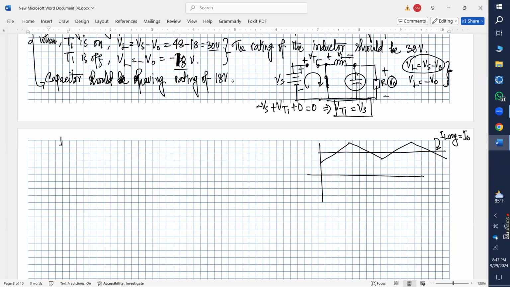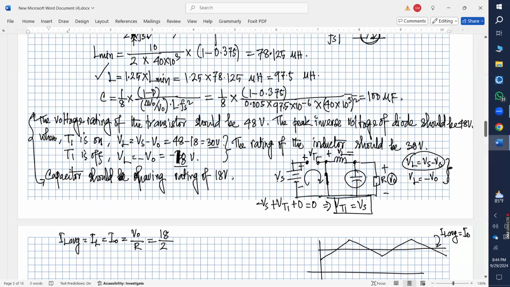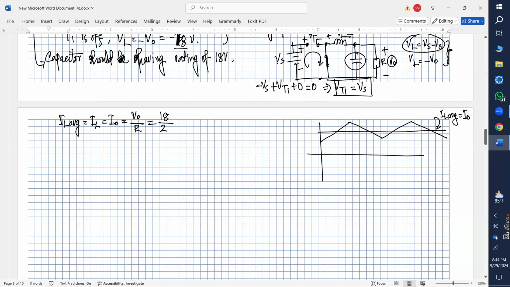So your IL average, or we can simply say IL, should be equal to your I naught, which is nothing but V naught over R. So your V naught is 18 volt and your resistance is 10 ohm. So what should be this value? 1.8 amps, right? And this distance between IL max and IL min is my del IL, right?